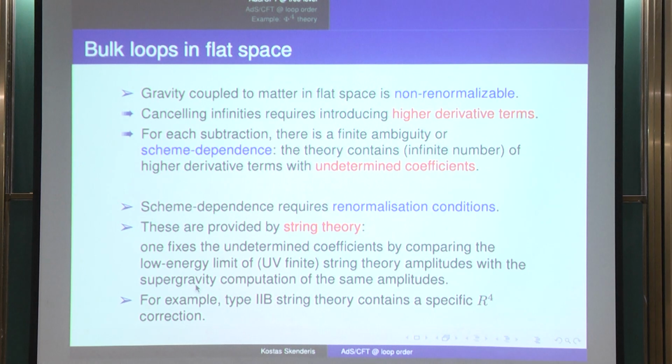So for example, a famous example is the R^4 correction, which is the leading low energy correction in type IIB string theory, where it comes with a very specific coefficient, and it has a tree-level, 1-loop and non-perturbative terms. So this is what we do in flat space.